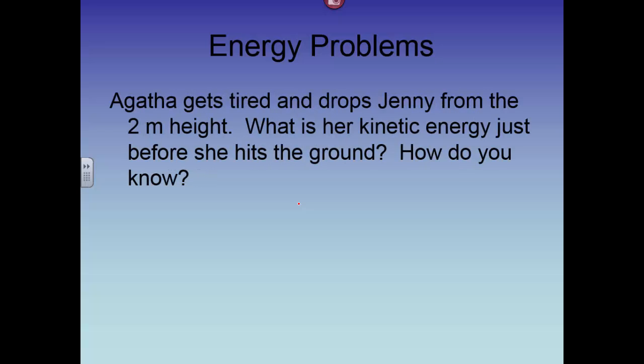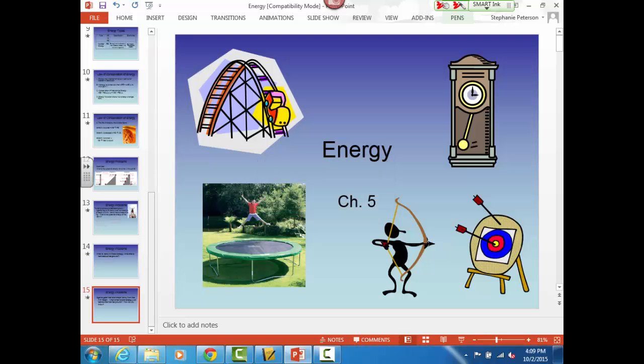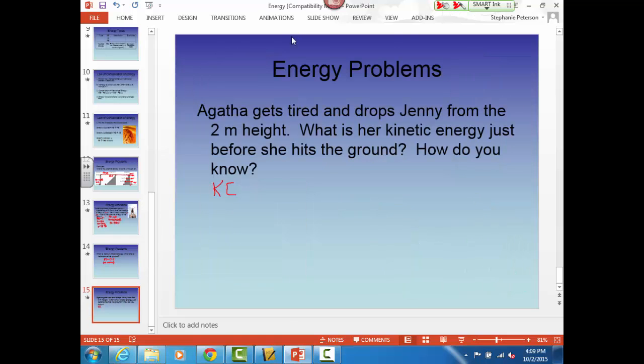Next question. Agatha gets tired, oh no, and drops Jenny from the 2-meter height. What is her kinetic energy just before she hits the ground, and how do you know? Well, you might think, okay, kinetic energy is equal to 1/2 mv squared.